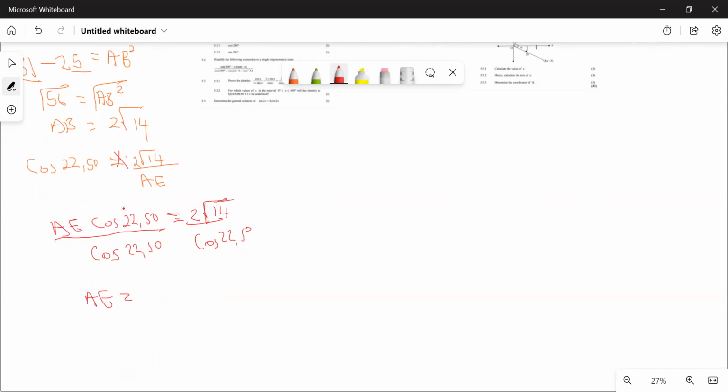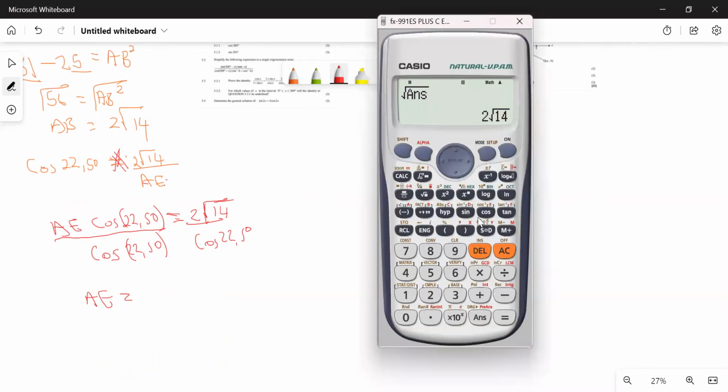Why didn't we just do that instead of cross multiplying? We could have done that; it would have made our life a little bit simpler.